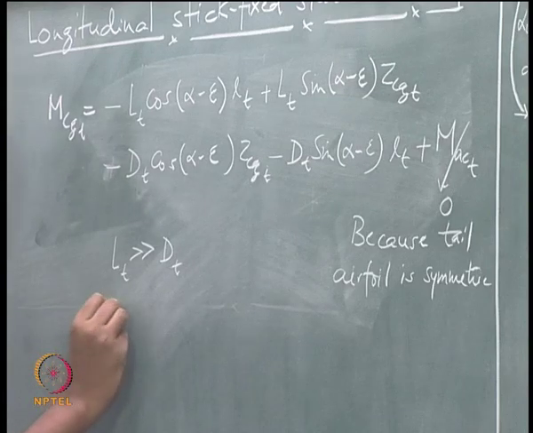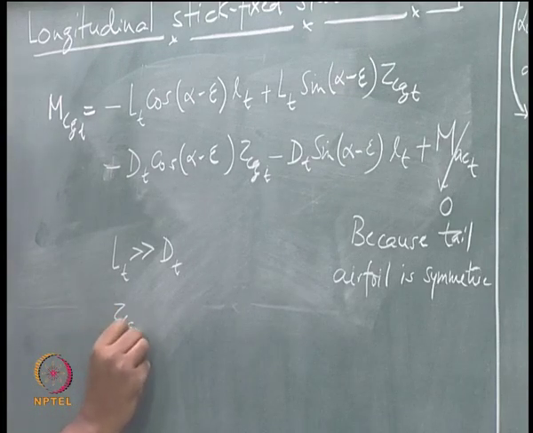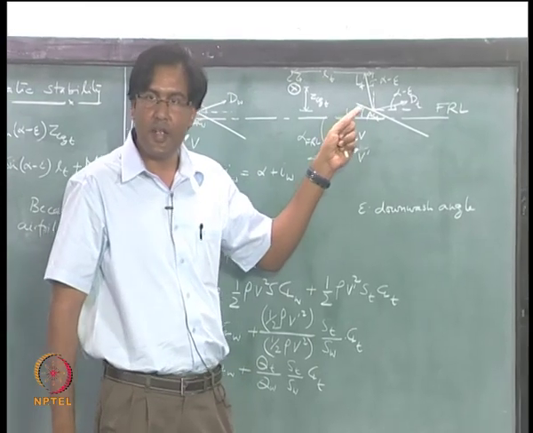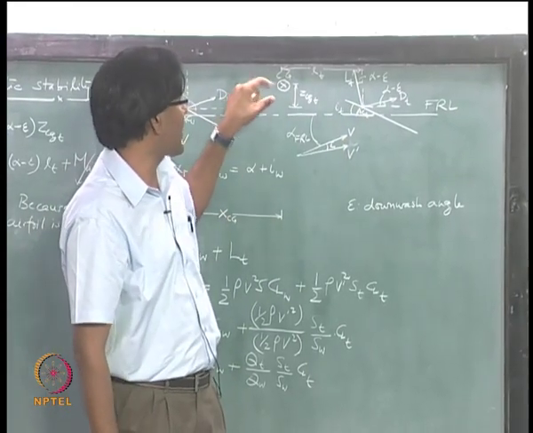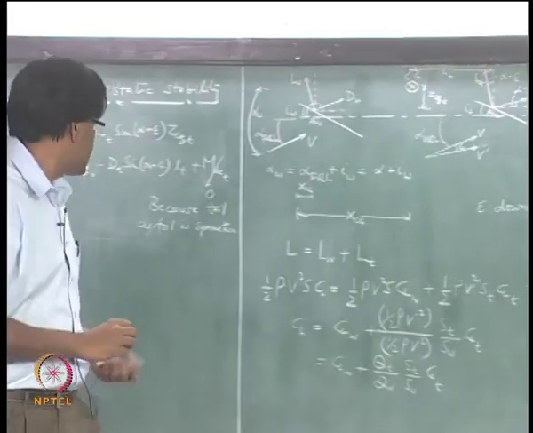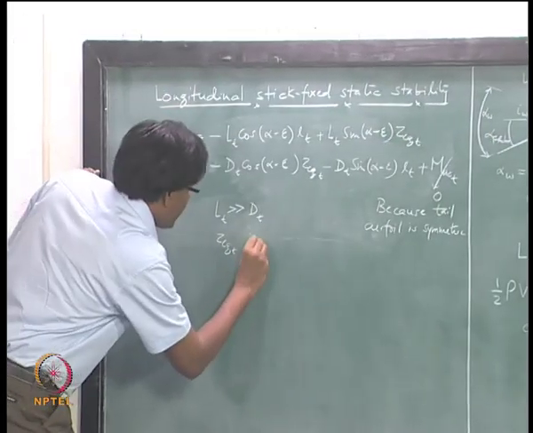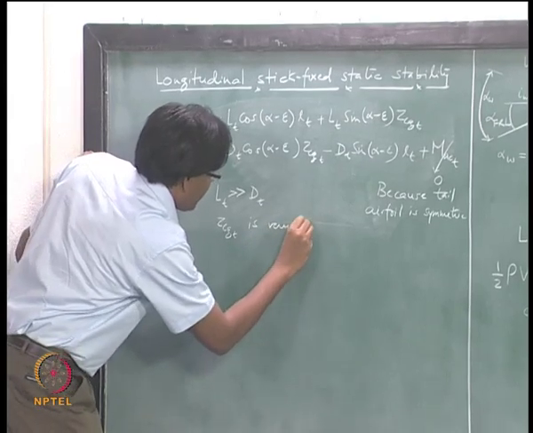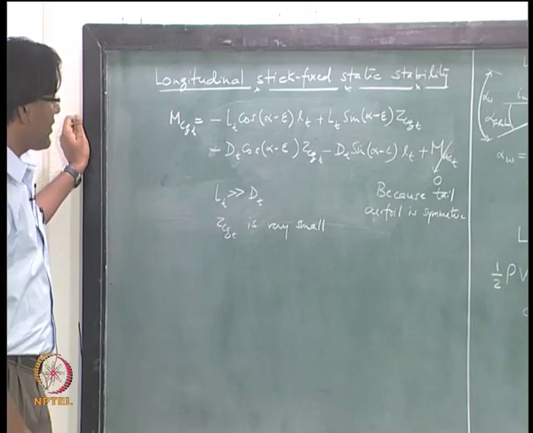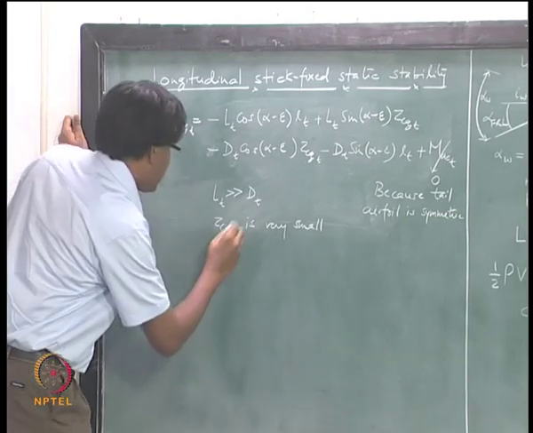Let us say this height of the center of gravity from the aerodynamic center of the tail is very small, and angles are small.